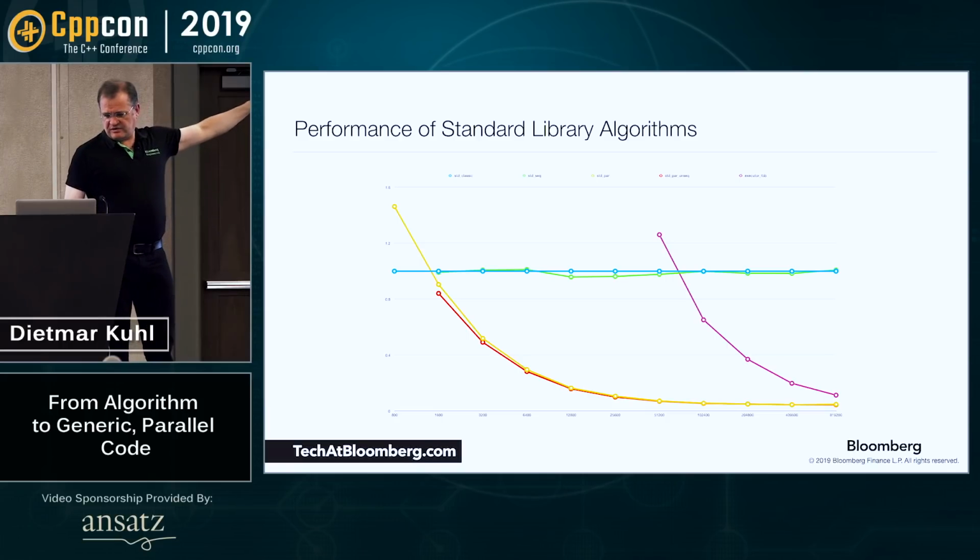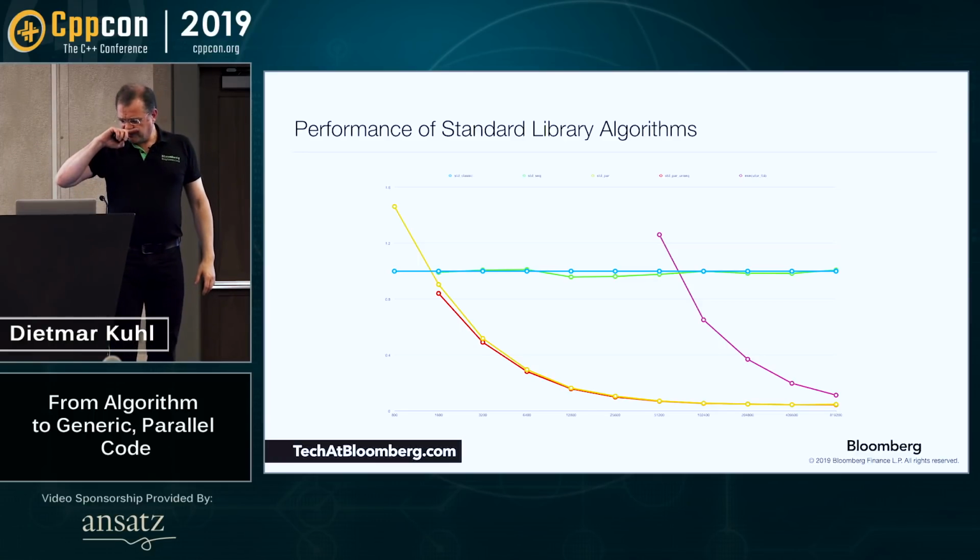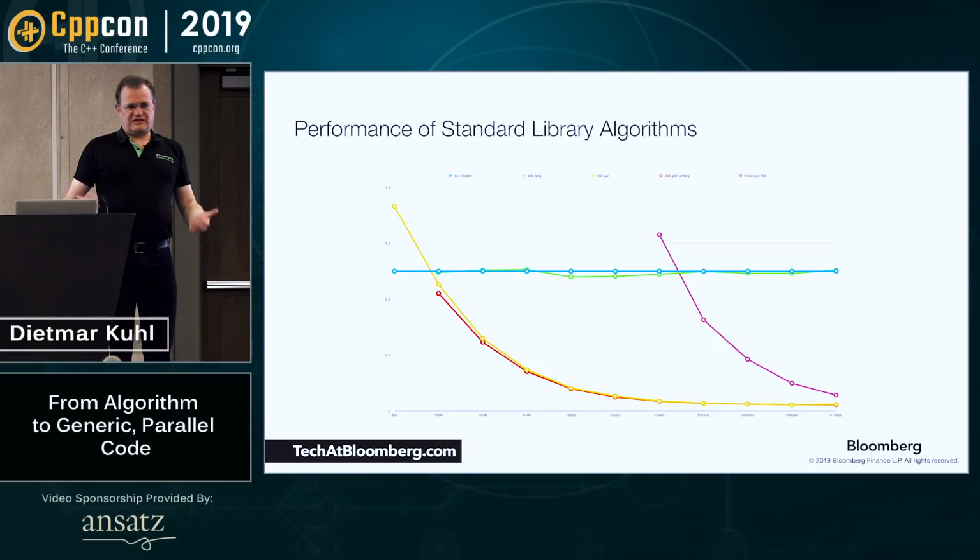The violet thing over here was the best algorithm I came up with. The green version is obviously the sequential one, and then the yellow is the PAR, and the red is the PAR unseq. I'm not entirely sure why the PAR unseq is relatively consistently faster, because I don't think on that system the algorithms have a lot of opportunity to take advantage of anything to make it faster, but apparently they did.